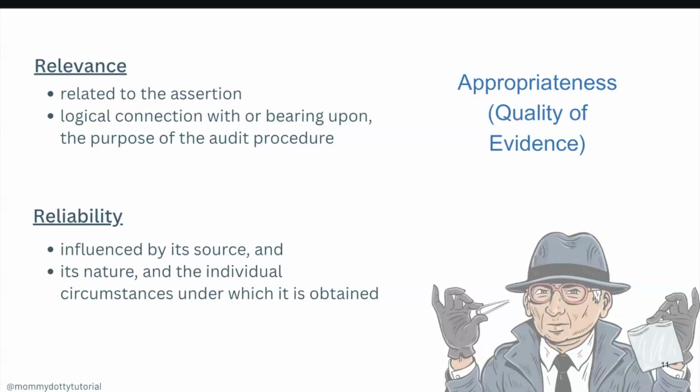Evidence is regarded as reliable if it is dependable to signal the true state of an assertion. From the word reliable, it is influenced by its source, its nature, and the individual circumstances under which it is obtained. So when you say reliable, we don't rely on fake news.